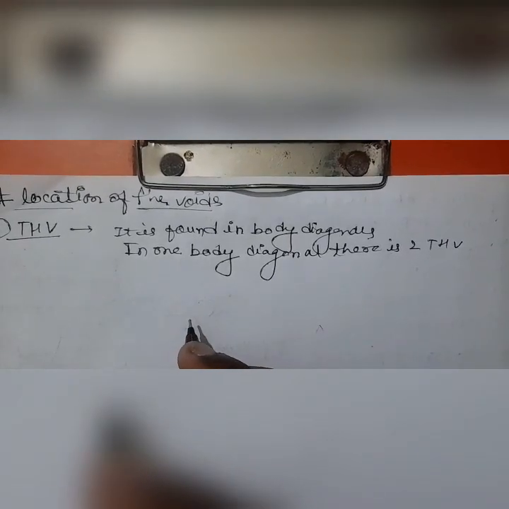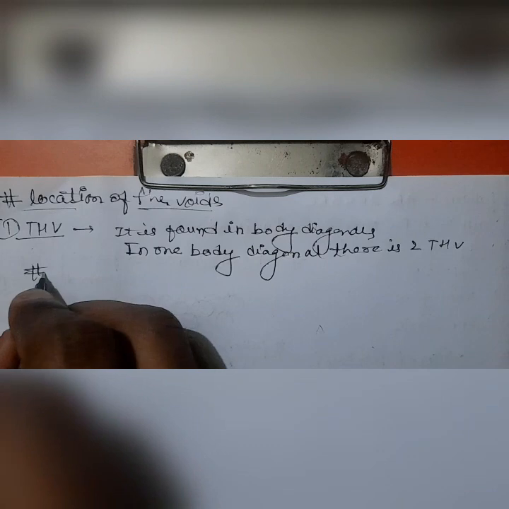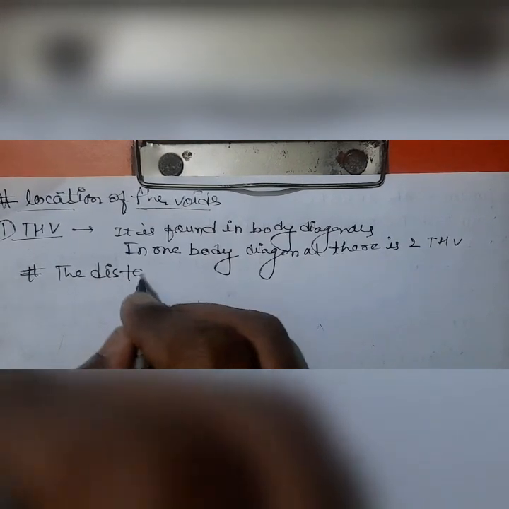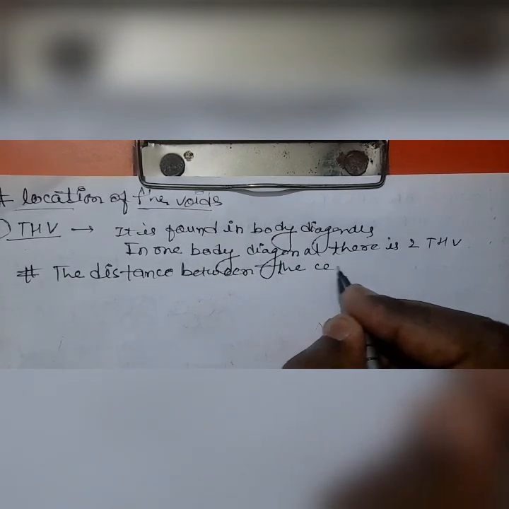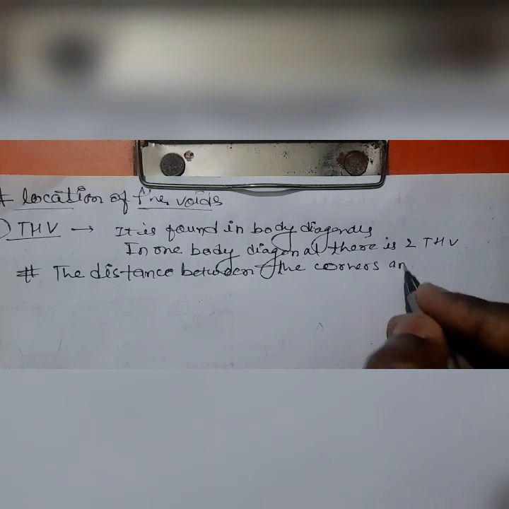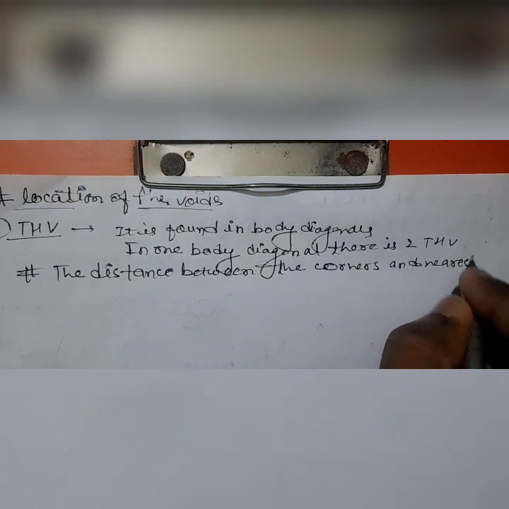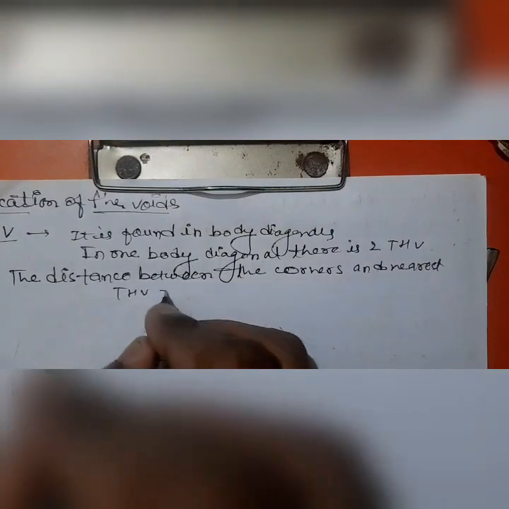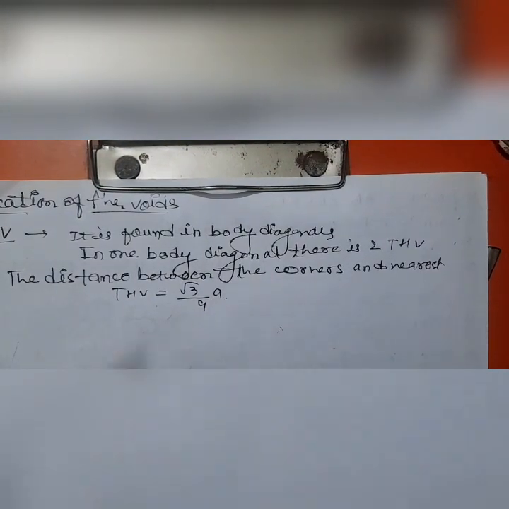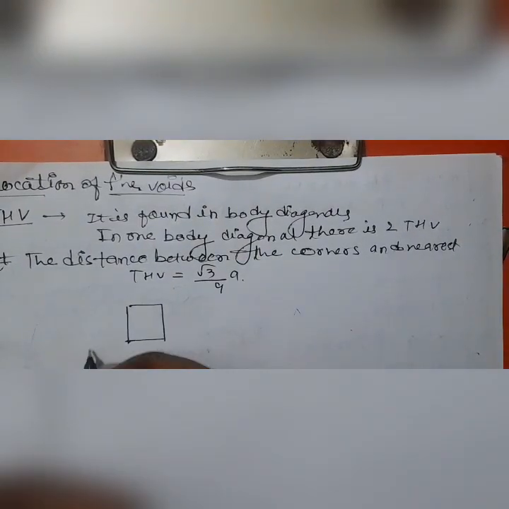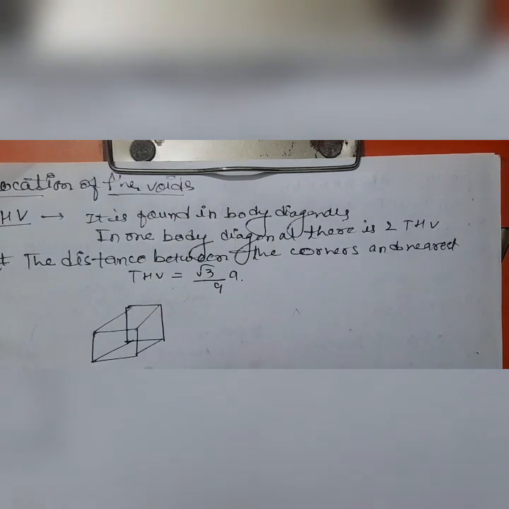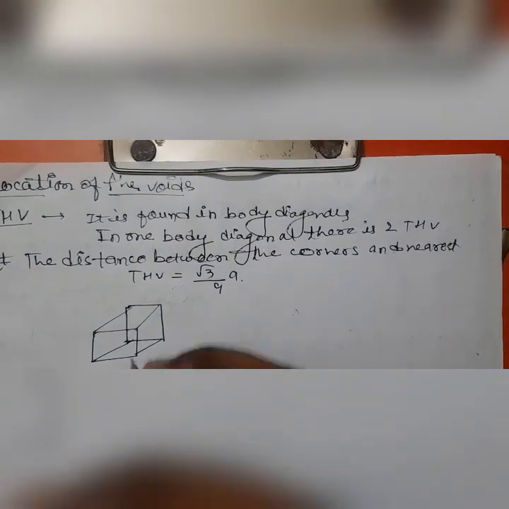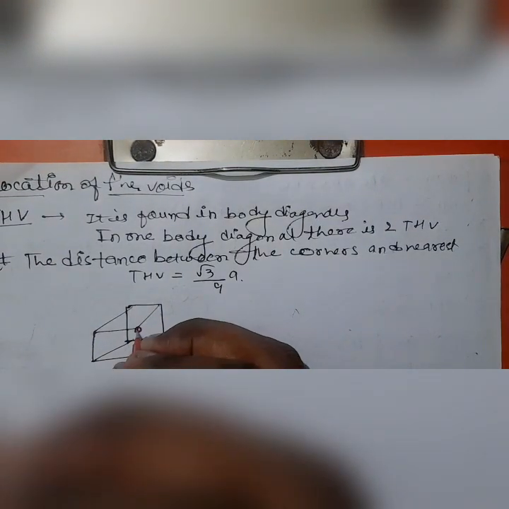The distance between the corner and the nearest tetrahedral void is √3a by 4. How does it come? See, this is the cube, and this is the atom. This is the body diagonal which we can draw.